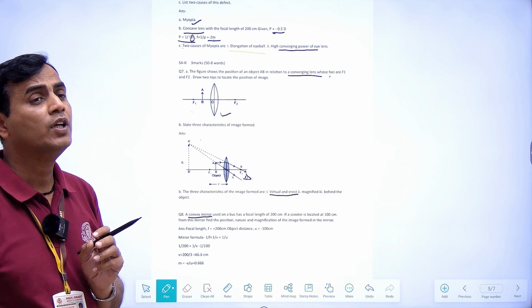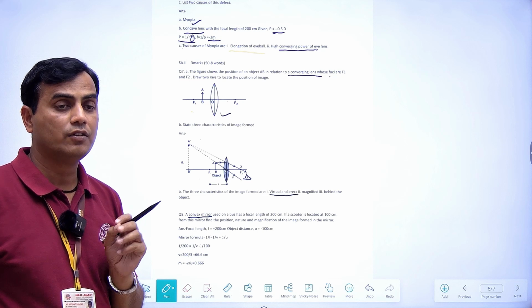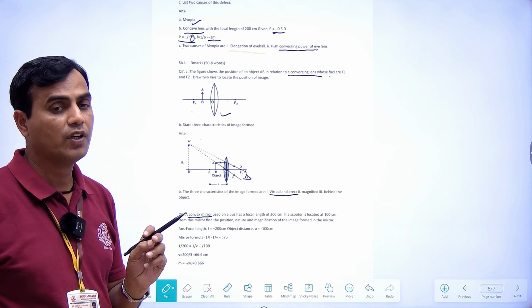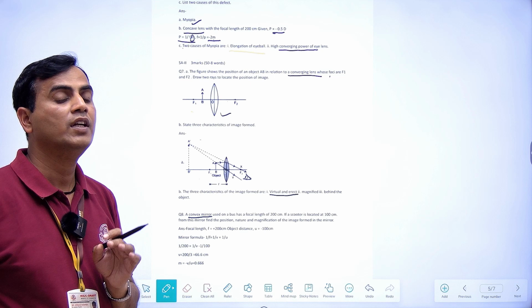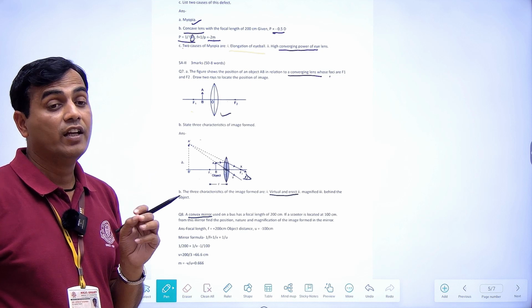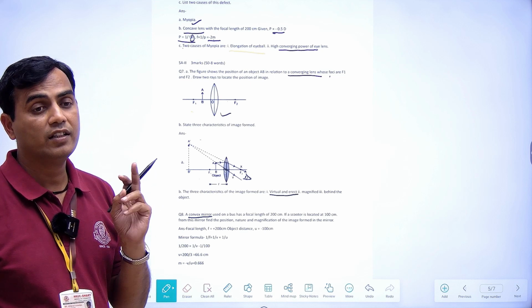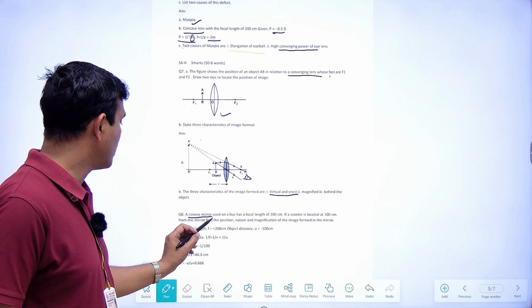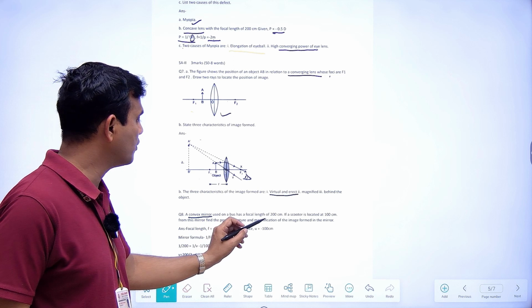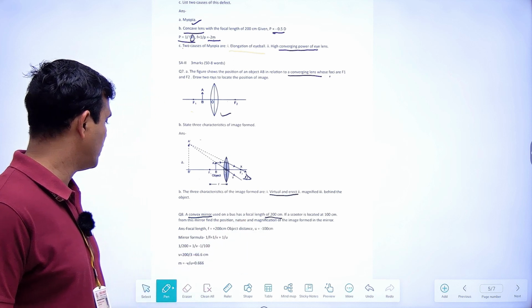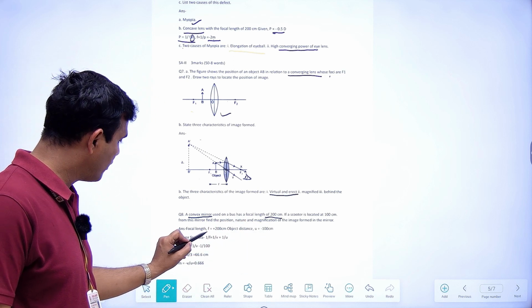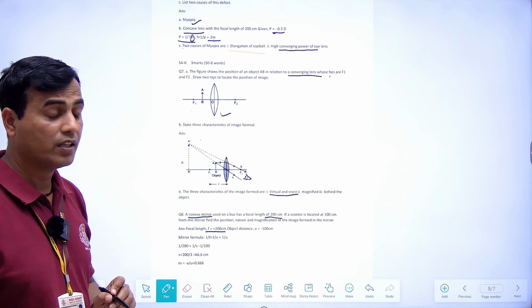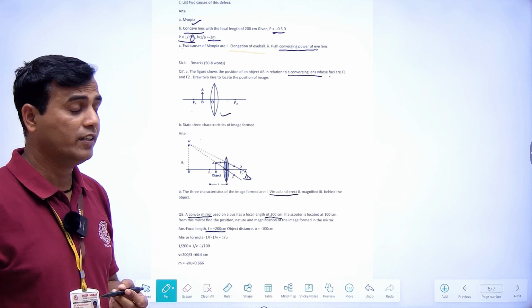We have to carefully read all the aspects of formulas, ray diagrams, various object positions and their image formation. Next question: a convex mirror used on a bus has a focal length of 200 centimeter. So the focal length given is 200 centimeter, and for a convex mirror it is positive.